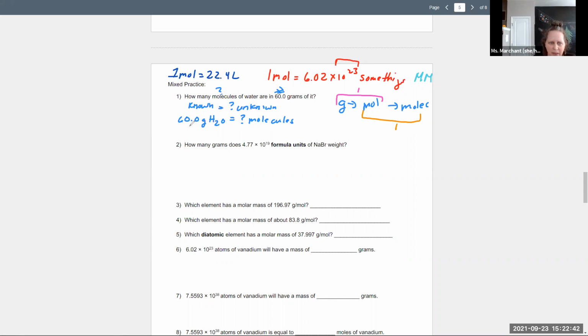How do we set up the equation? Start with the known, 60.0 grams over 1. How many arrows? 2 arrows, 2 unit conversions. Our first unit conversion is from grams to moles. Grams is the known, moles is the unknown. Knowns go on the bottom, unknowns go on the top.